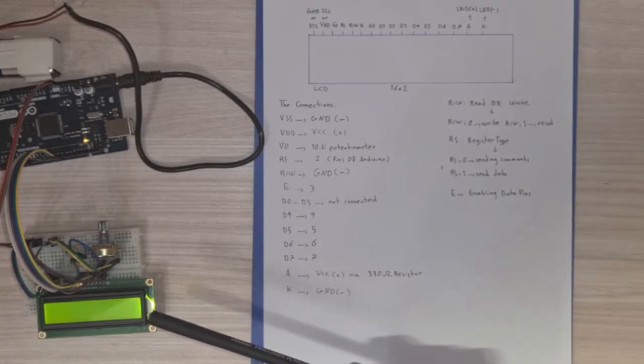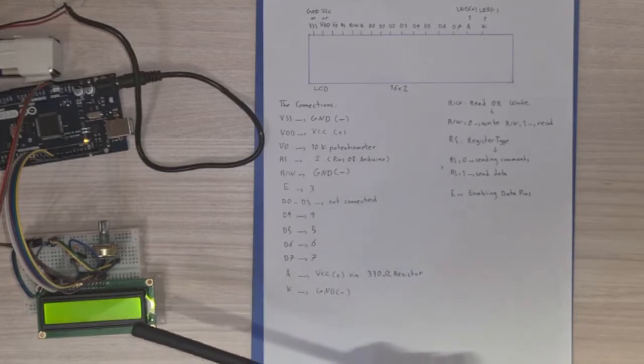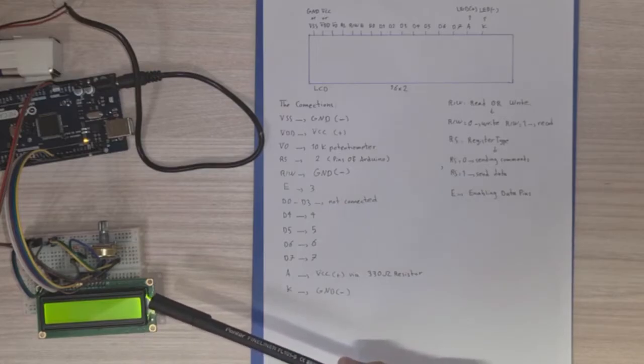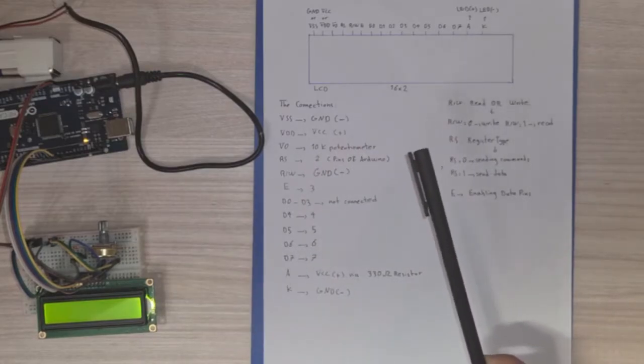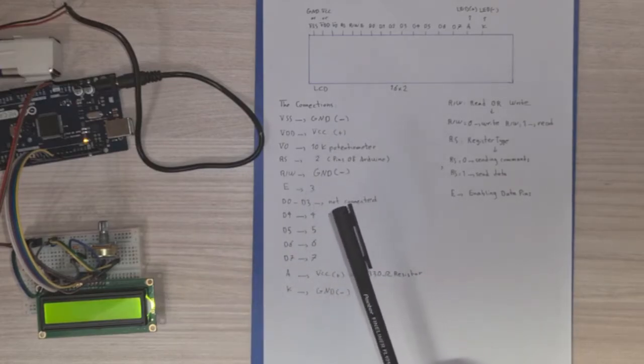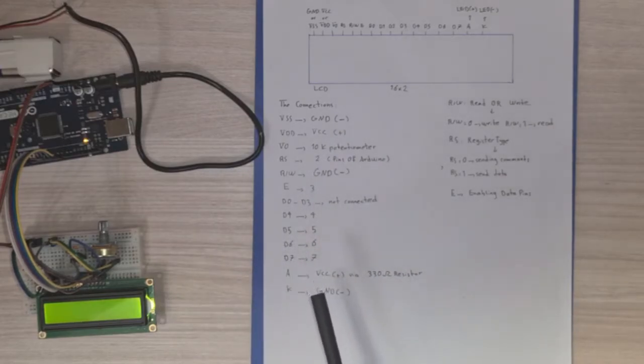So when we want to send 8 bits of data to the LCD, we should use 8 data pins. So if we use 4 data pins, it just takes twice the time. And because the time is so little, it doesn't have any special difference.